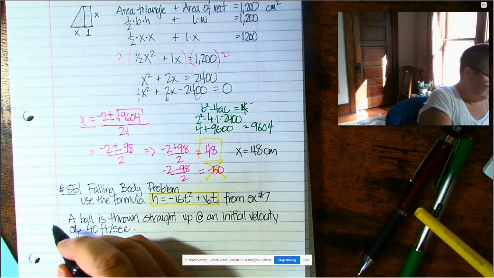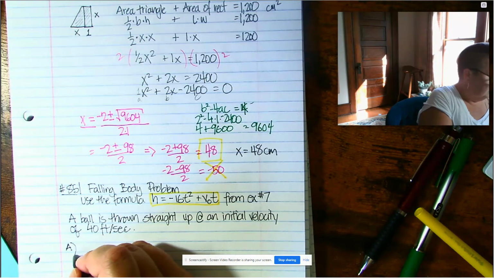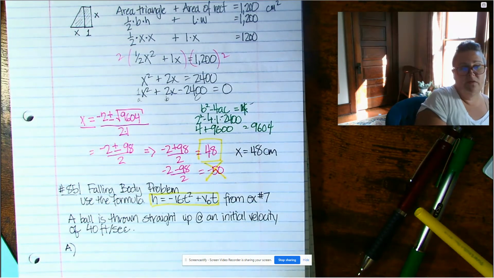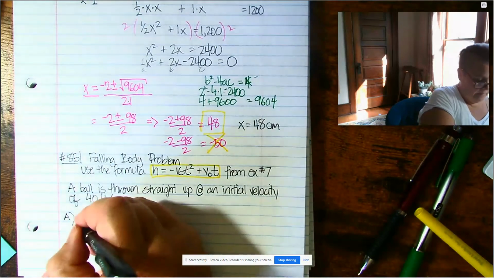Okay. When will the ball be 24 feet high?